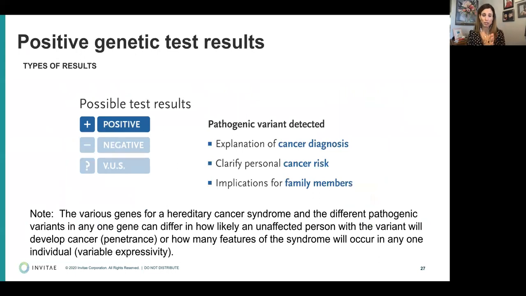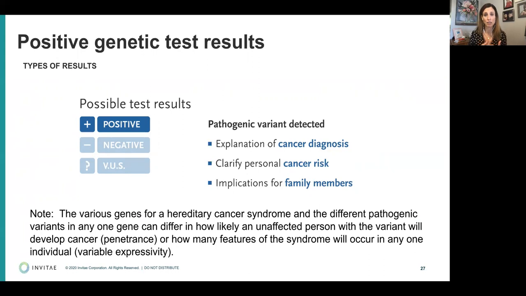So when you get a result back, we really put them into these 3 buckets of positive, negative, or variant of uncertain significance. A positive result means that a pathogenic or likely pathogenic variant has been identified. This can provide an explanation to the patient for why they developed their cancer.